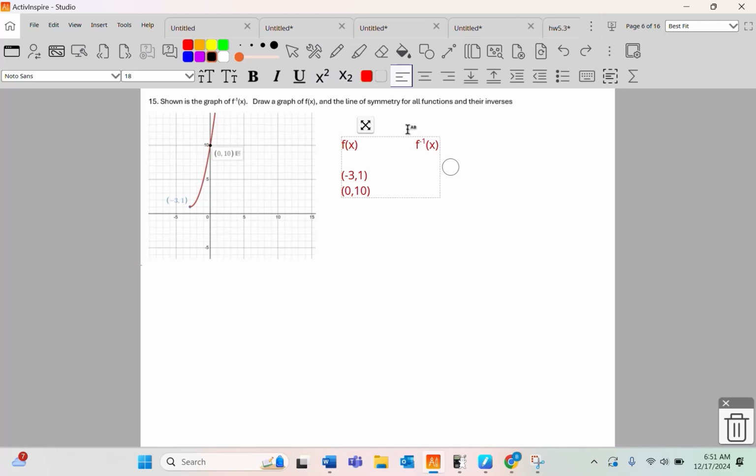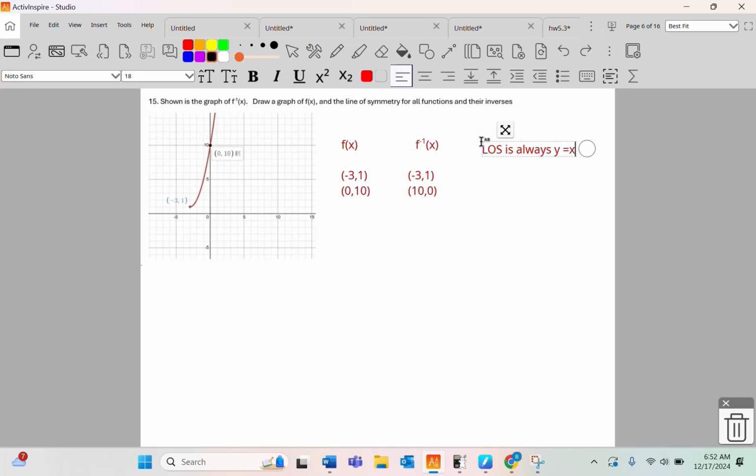Remember, that's what they do. They swap x and y. So 1, negative 3 becomes negative 3, 1. And 0, 10 becomes 10, 0. Swap x, swap y. That's all you do. Now, the line of symmetry is always y equals x for inverses.